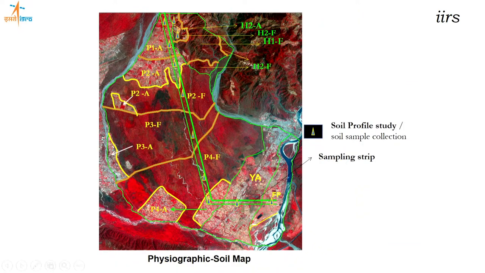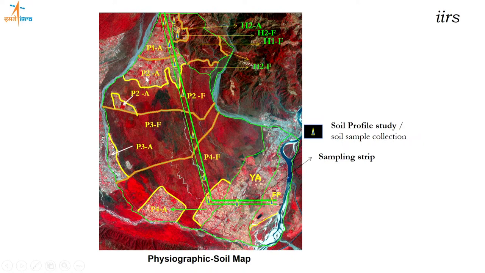Now I don't study the entire area, but I study only in the sample strip. I select one road which corresponds to my entire study area and goes across our soil mapping units. So it is crossing all map units, and we study only in the sample strips, not anywhere.